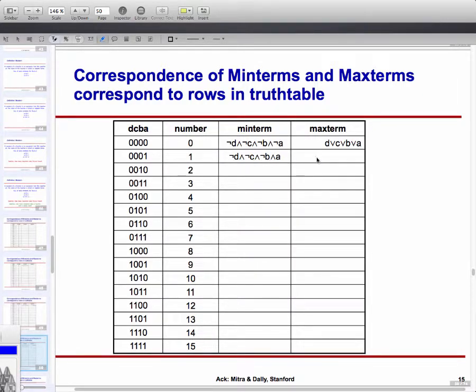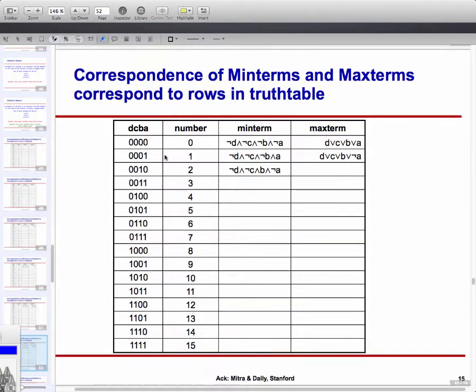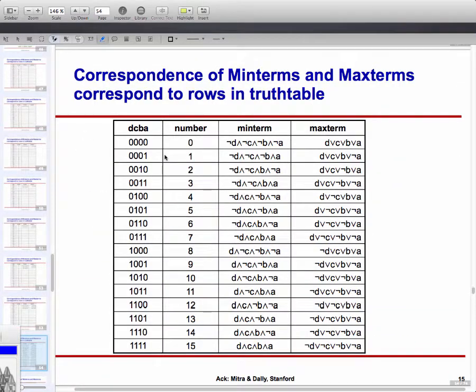The corresponding maxterm is going to be D or C or B or not A. So for maxterms, if you see, we have non-negated appearing wherever we have the 0 and negated appearing wherever there is 1. And we can do this for the entire table.